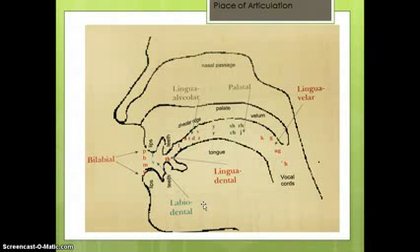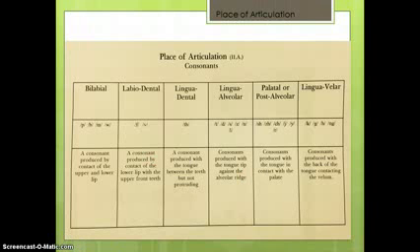So in this case, the alveolar ridge is where the constriction of air happens with the S and the Z sound. Now also think about the N and the L sound as well. And so all those are happening with the constriction of air happening where the lingua meets the alveolar ridge, or the tongue meets the alveolar ridge. So when we just jump back down, remember we've got that schematic too.